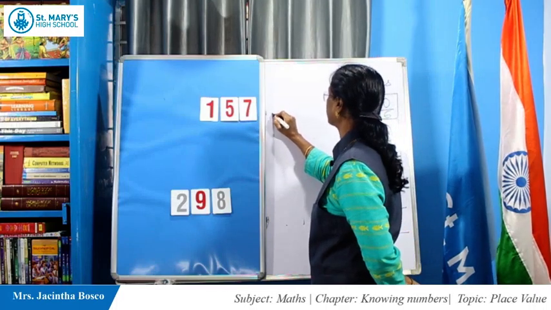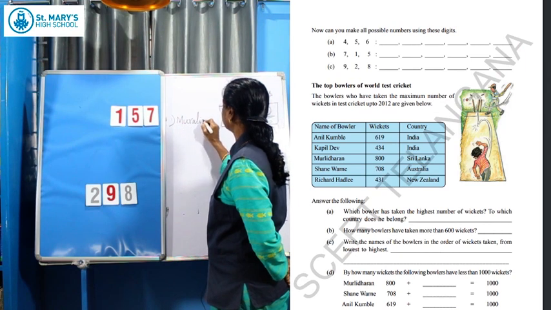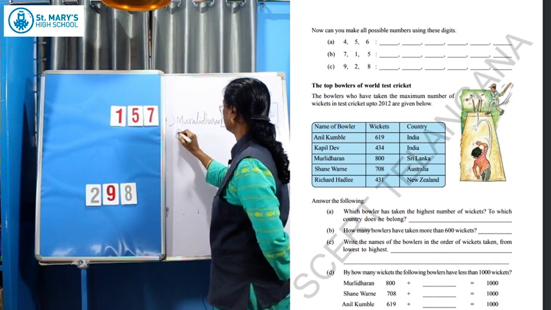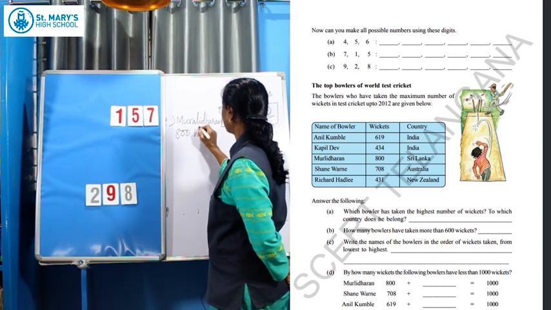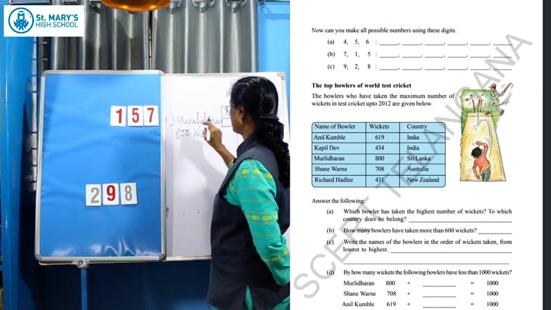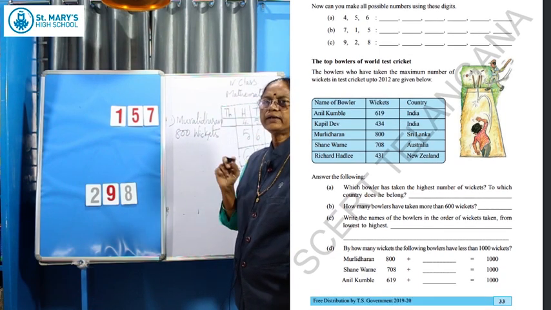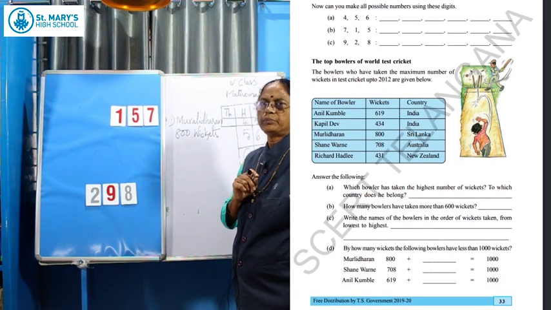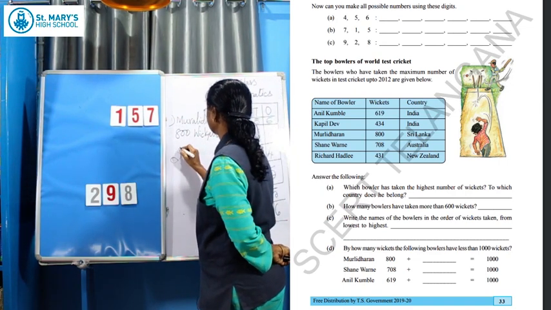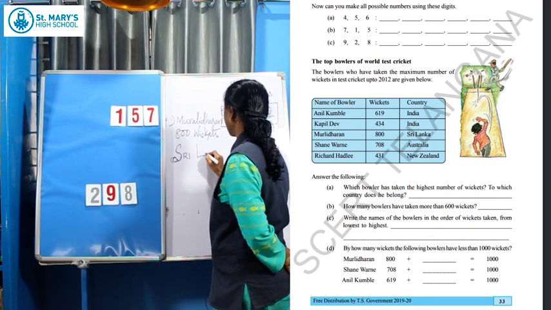So, Muralidharan scored 800 wickets. Which country did he belong? He belongs to which country? See there in the table, Sri Lanka. Right? He belongs to Sri Lanka.